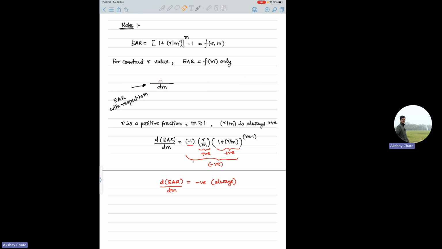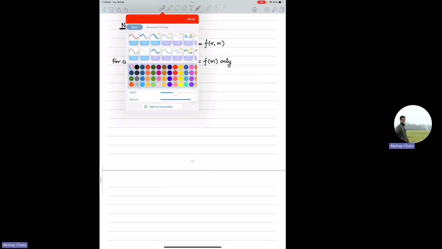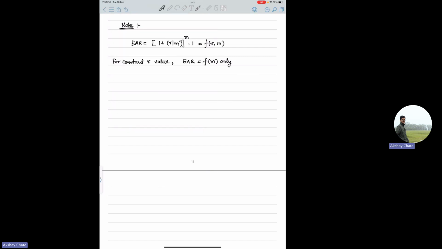Okay, before that, we'll do some substitutions. The result that we are getting is incorrect, so there is some mistake. The easy way would be to put u equal to 1 plus r by m.